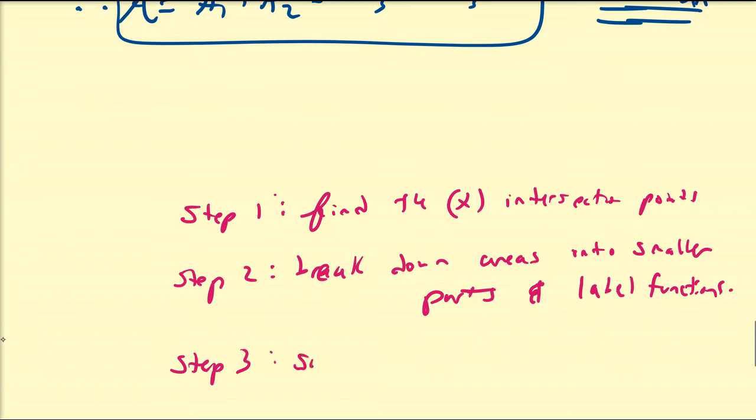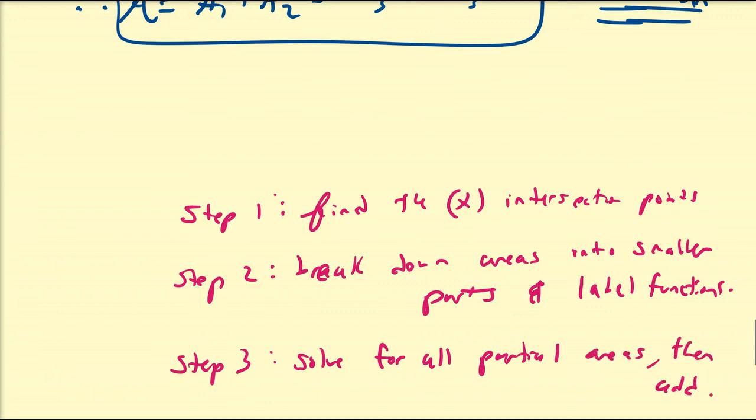And then step 3, solve for all the part areas. Then add. And that's the general procedure for finding the areas between curves, no matter how complicated they may be.